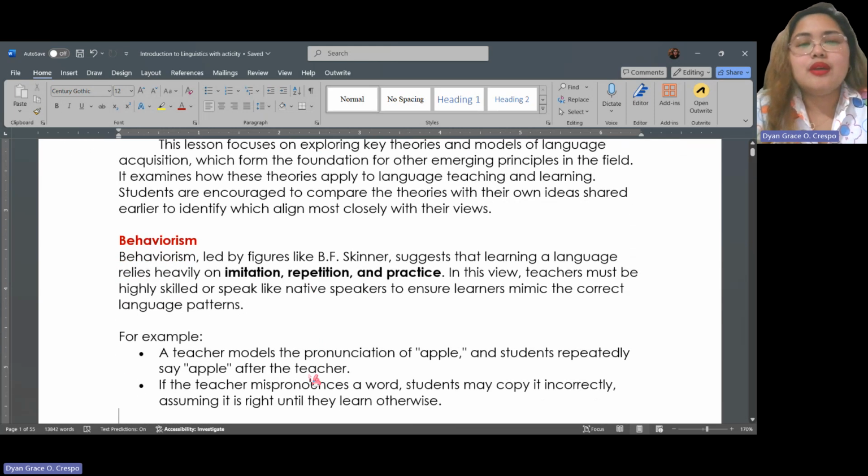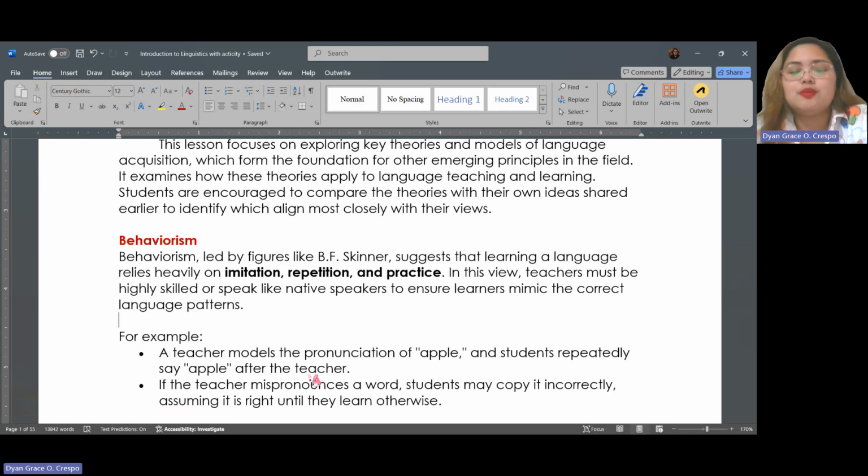So we know that behaviorism is mainly about the behaviors of an individual. It is led by Mr. B.F. Skinner. He suggests that learning a language relies heavily on imitation, repetition, and practice. In this view, teachers must be highly skilled or speak like native speakers to ensure learners mimic the correct language patterns.